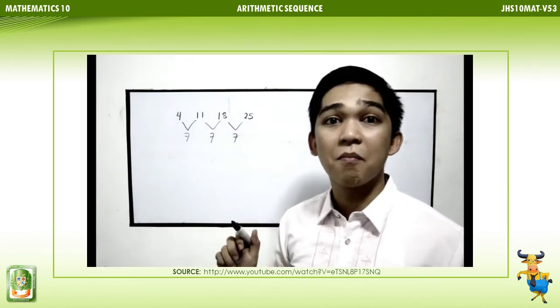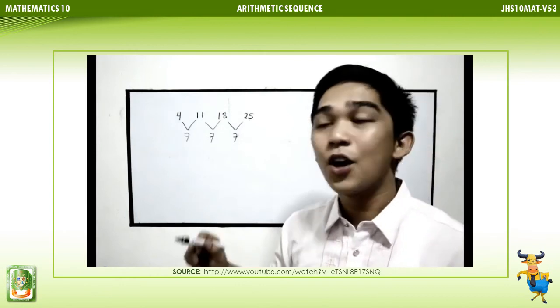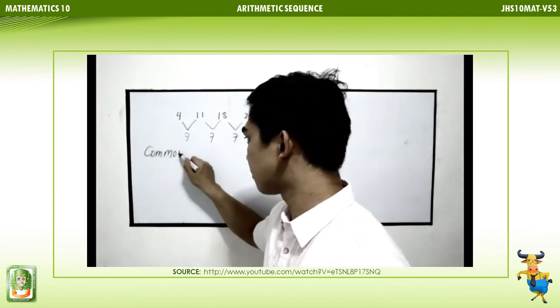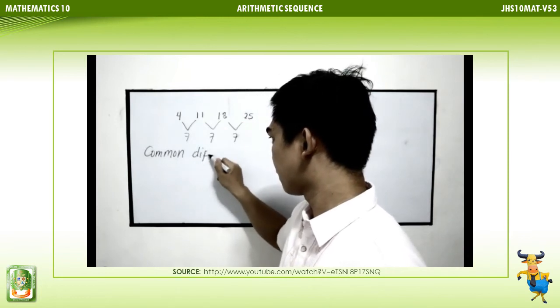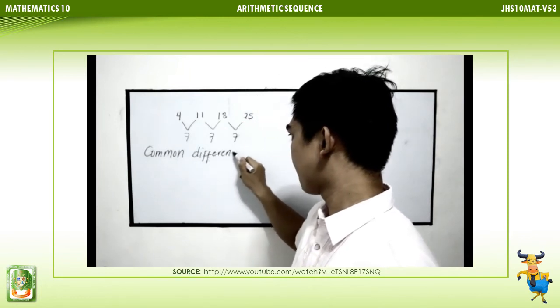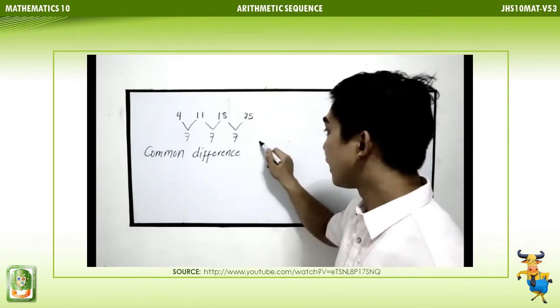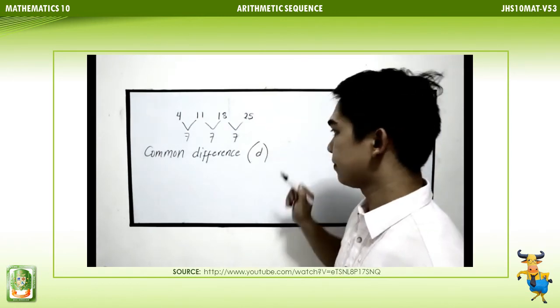And this fixed number is known as the common difference, denoted by the small letter d.